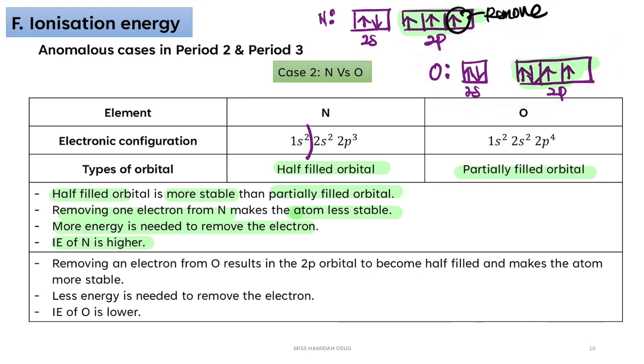As for oxygen, when we remove one electron from the 2p orbital, it will make the 2p orbital become a half-filled orbital, and this will cause the atom to be more stable. Therefore, less energy is needed to remove the electron. This is why the ionization energy of oxygen is lower than nitrogen.